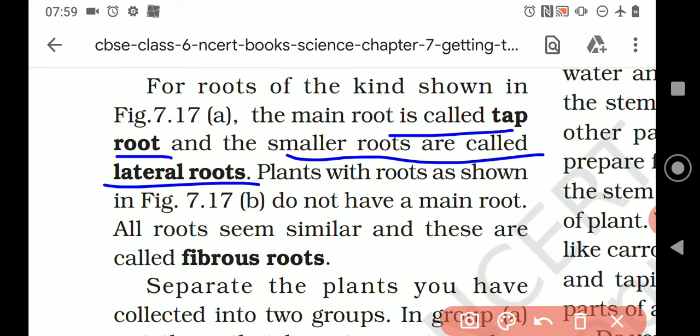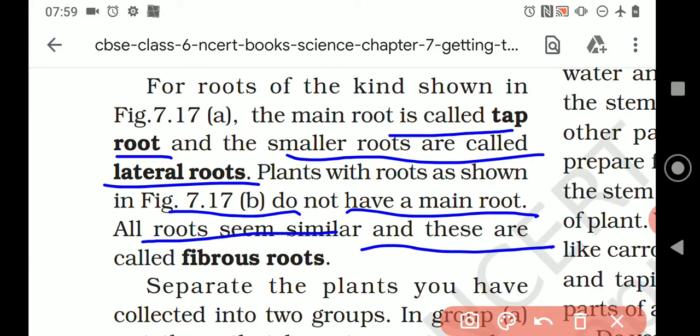Plants with roots shown in 7.17 do not have a main root and all the roots seem similar, and these are called fibrous roots.